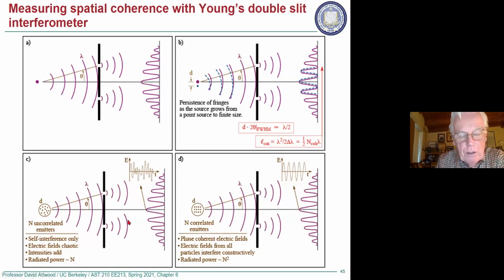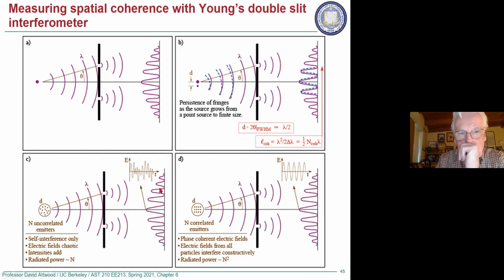So the electric fields don't add except for their own electric fields. Only electric fields from a single electron will, after diffraction, interfere. The radiation from any one electron will not interfere constructively or destructively with that from any other electron.